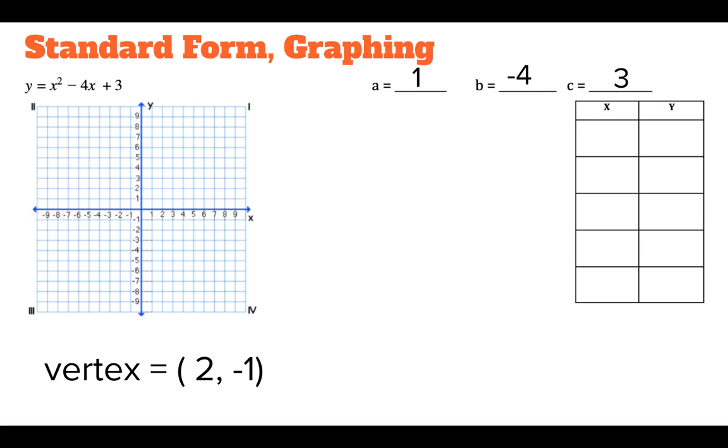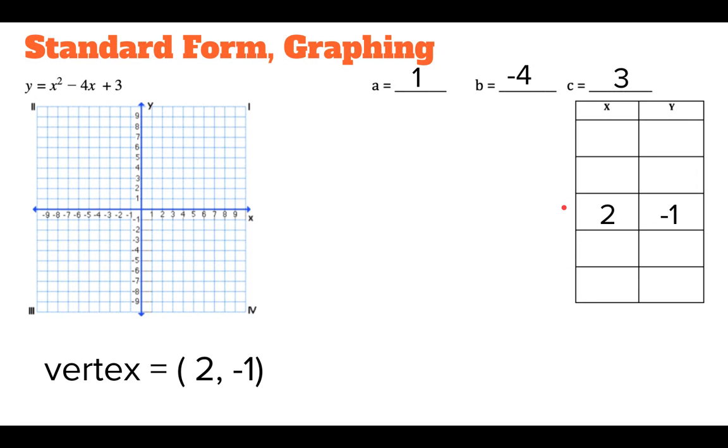So in that first example, we've already calculated the vertex. It's 2, -1. What you're going to see is I'm going to put it in the middle of my table. Then, what I mean by corresponding points. So this 2 here is in the middle. So what I do is I choose 2 numbers above 2 and 2 numbers below 2.